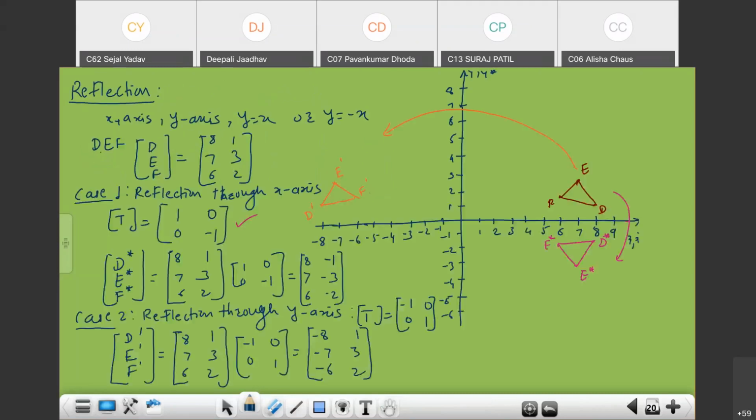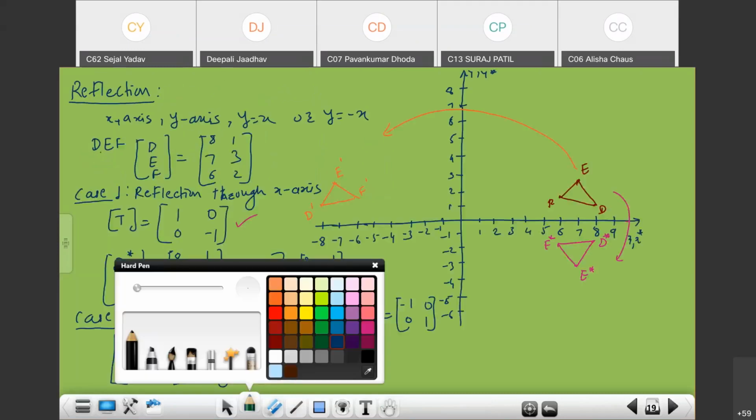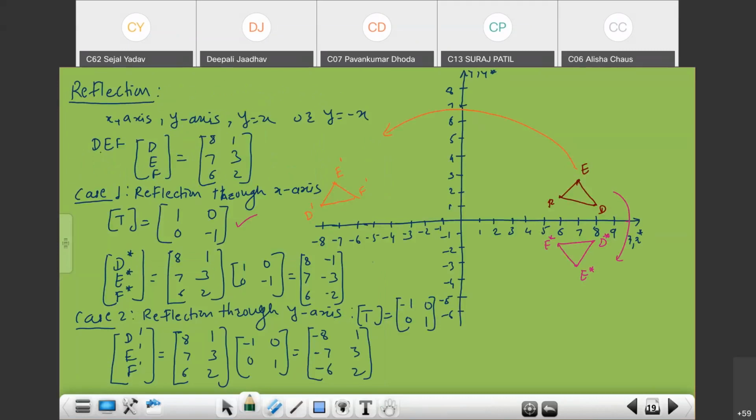Now I draw it here. It is 1, 8, somewhere here is our D plus. Then 3, 7 is E plus.